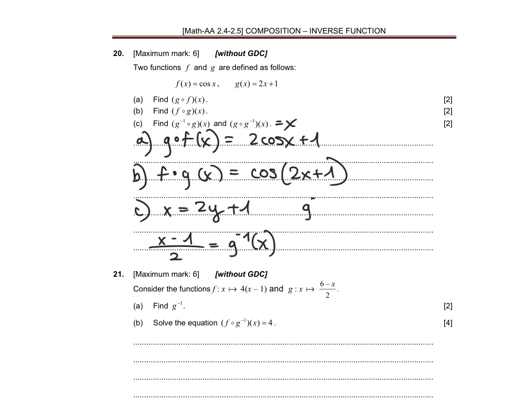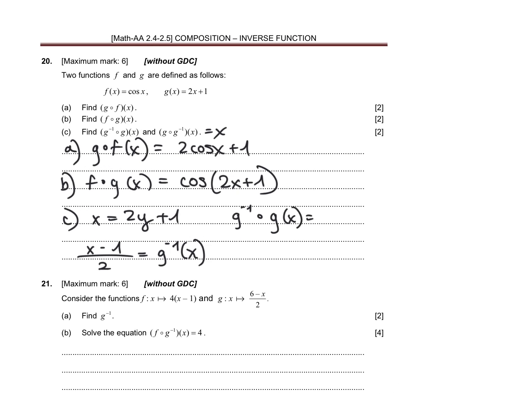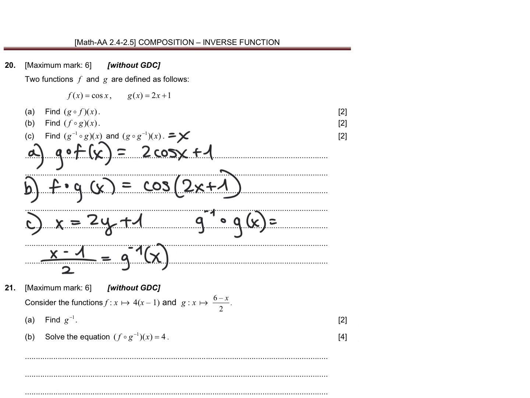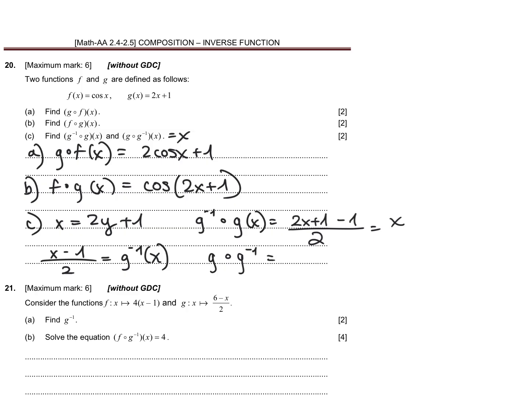And if we have g inverse of g, that is going to be 2x plus 1 minus 1 over 2, which is clearly x. And if we do g of the inverse, we're going to have the inverse 2x minus 1 over 2 plus 1. The 2's cancel, and x minus 1 plus 1 is x.